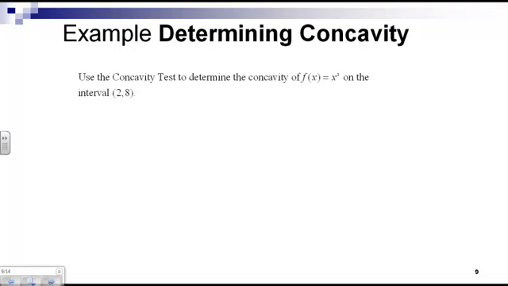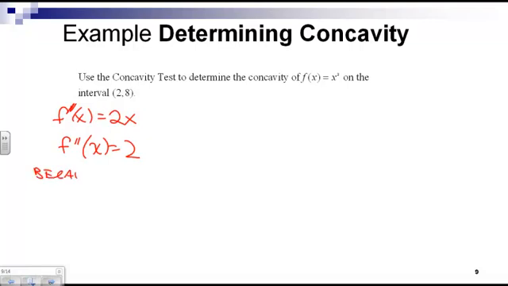Clearly, it shows a smiley face. You take the first derivative, f prime of x is equal to 2x. You take the derivative of that, you get 2, and that's always positive, so it means it's concave up.